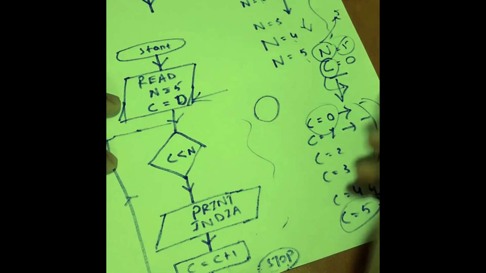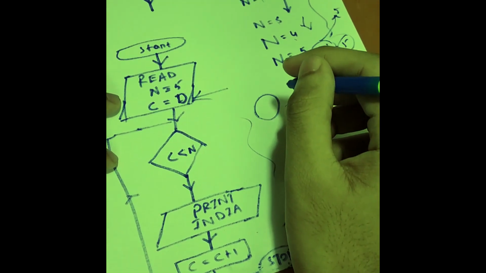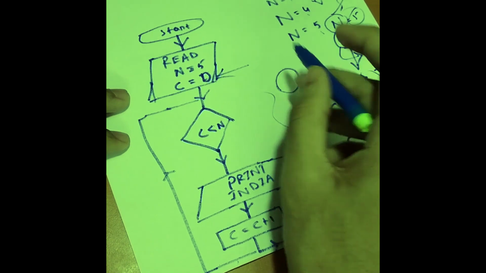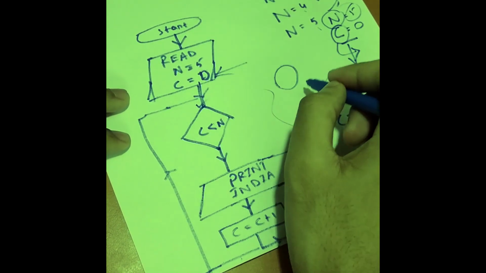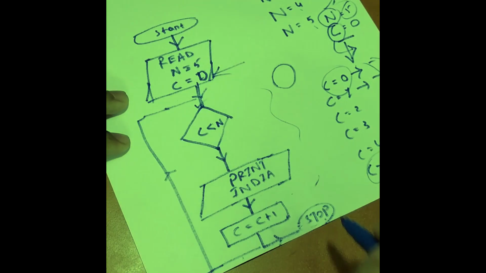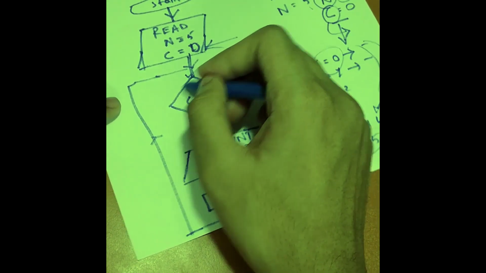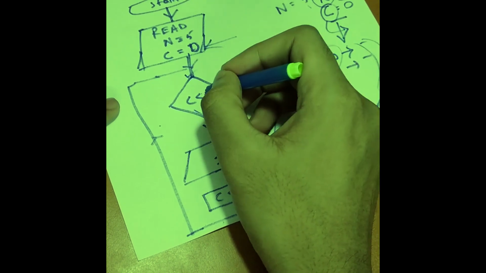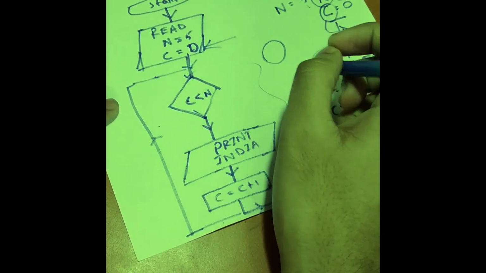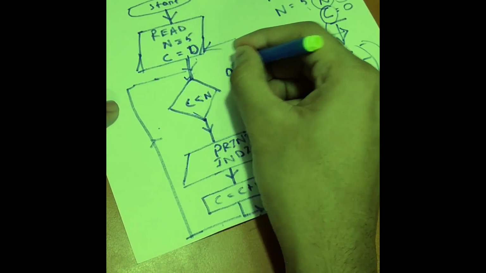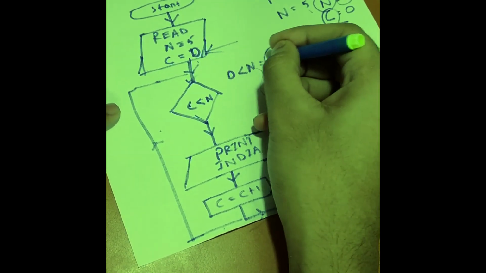So let me dry run this code. Firstly, C was 0. It enters into the loop. I have created this loop, right? So it is first checking in the decision box whether C is less than n or not. 0 is obviously less than n, where n equals 5.